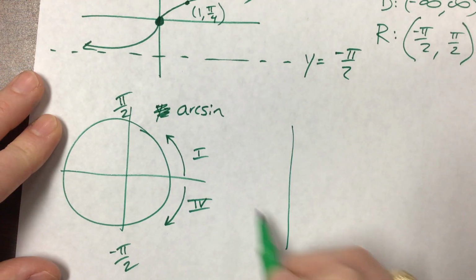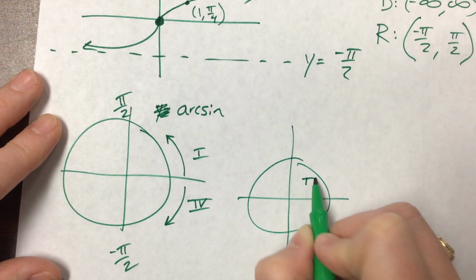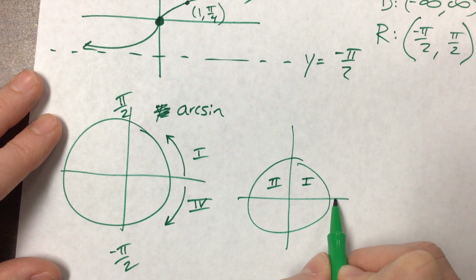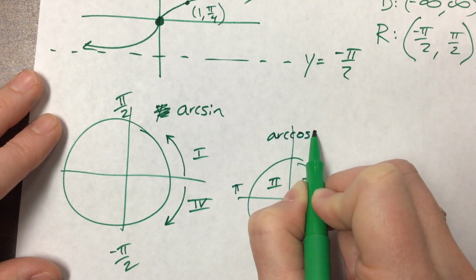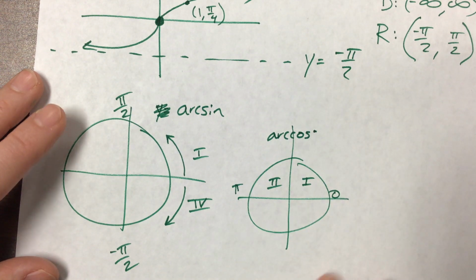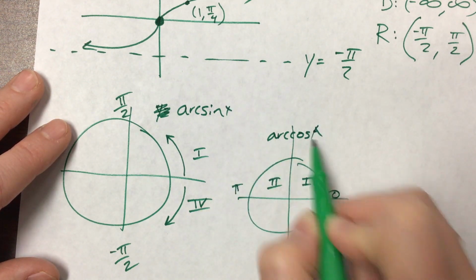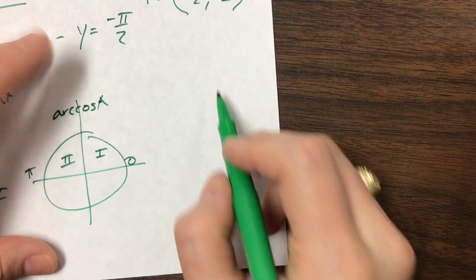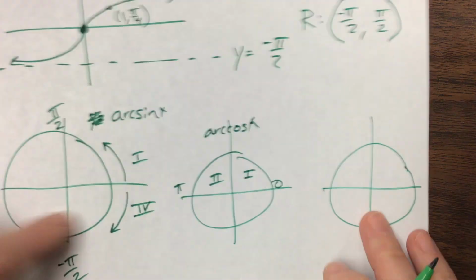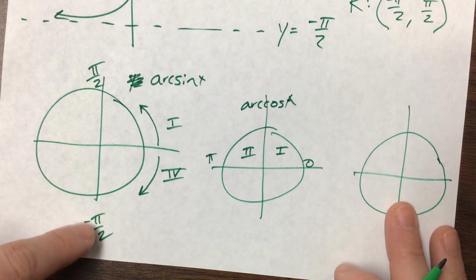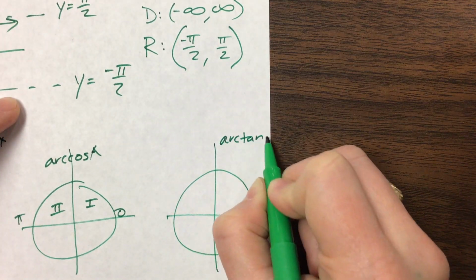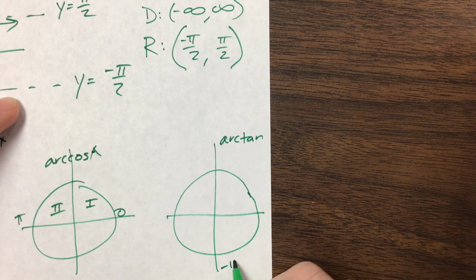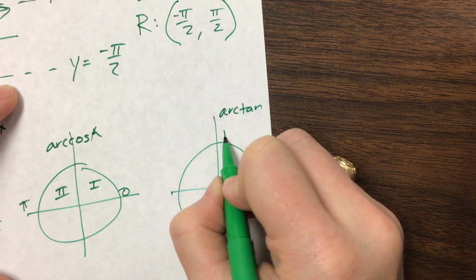For arccosine, we're in quadrants 1 and 2, so going from 0 to pi; arccosine is going to keep us in these 2 quadrants. I'm going to put an X or something. And then arctangent keeps us in a similar way to sine, except we can't have negative pi over 2 or pi over 2. So arctangent is going to go from negative pi over 2 to pi over 2.